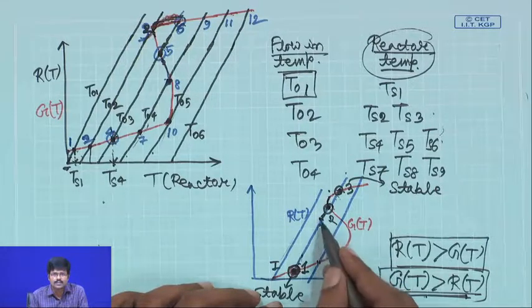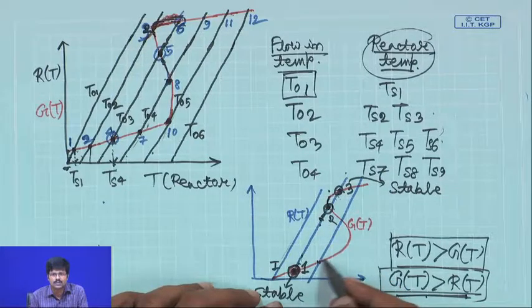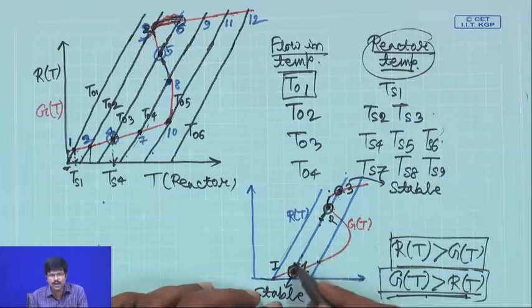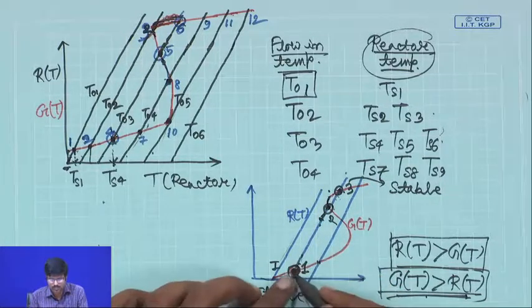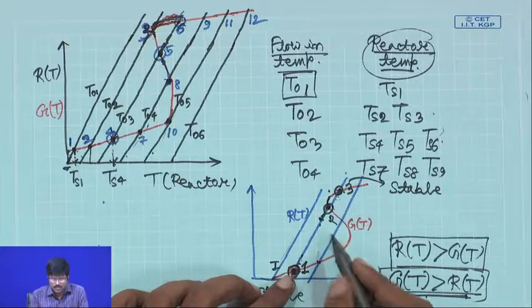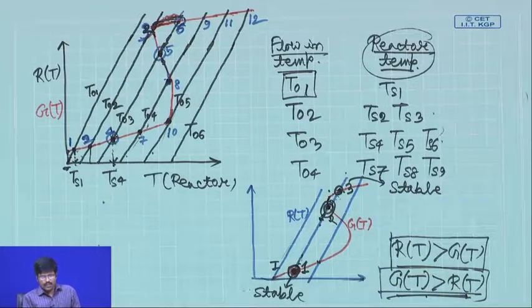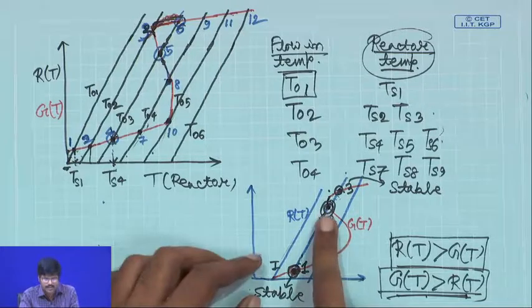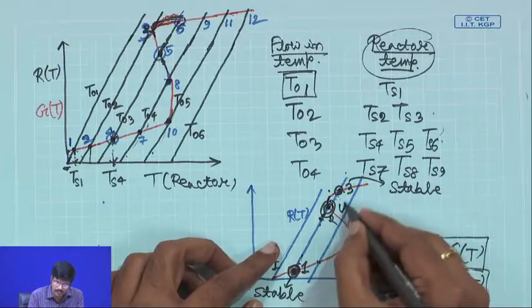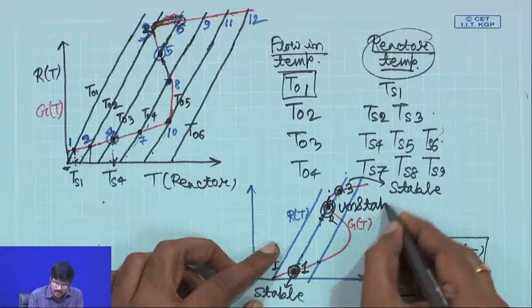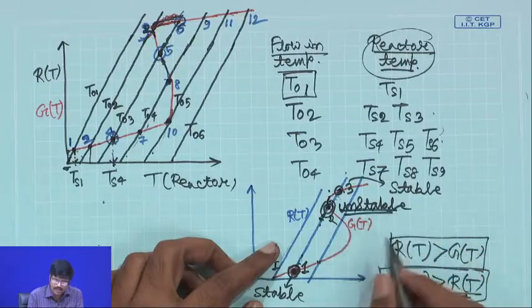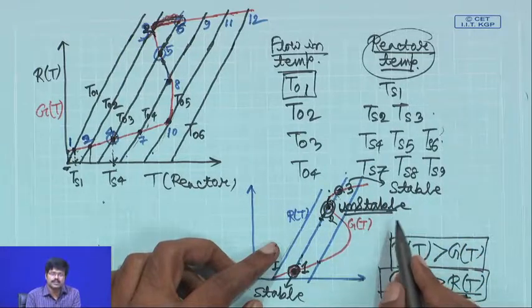So your rate of cooling, or rate of heat removal, is higher than the rate of heat generation. So it will spontaneously cool off further and go to this particular point. So ultimately, this particular steady state that you have is an unstable steady state.